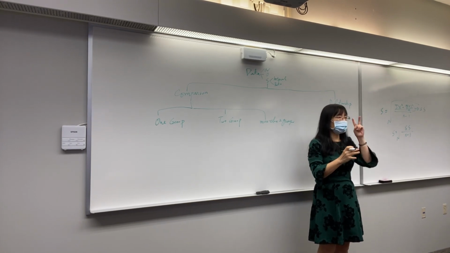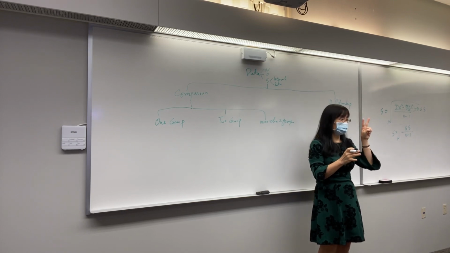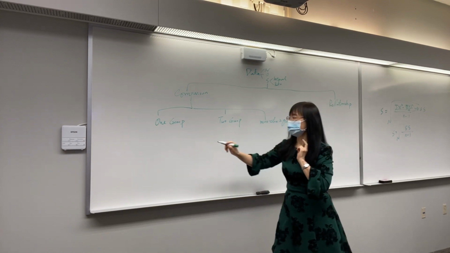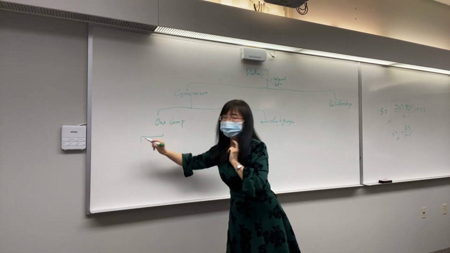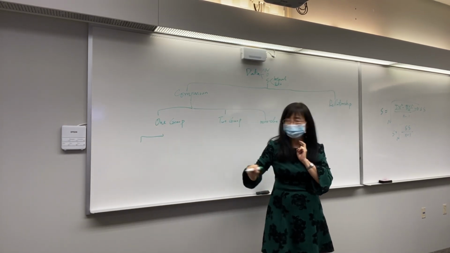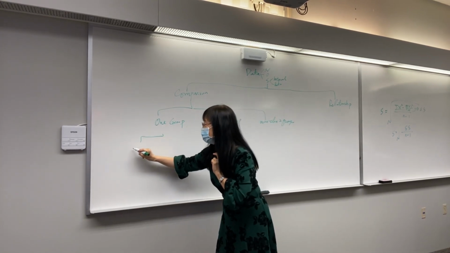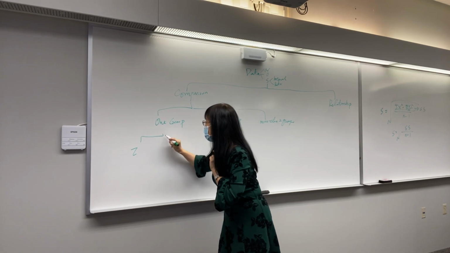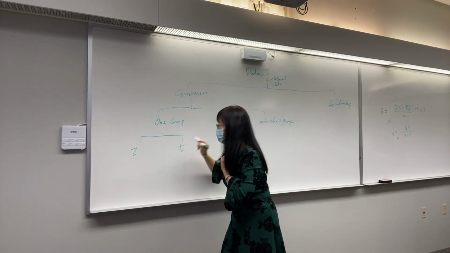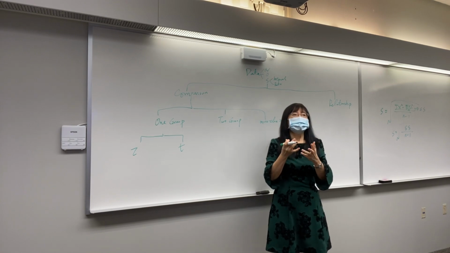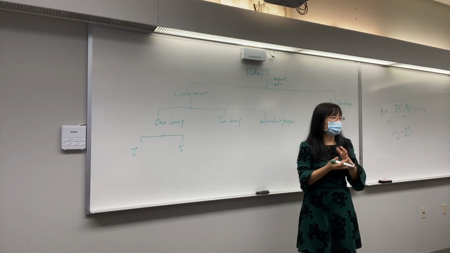For one group, so far we have done two ways to compare. Which two ways? One is the G test, and then the T test. What's the difference between G and T?